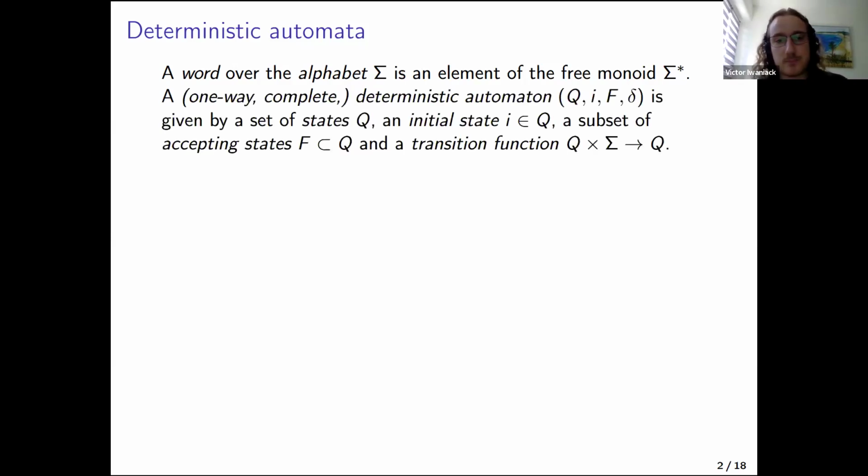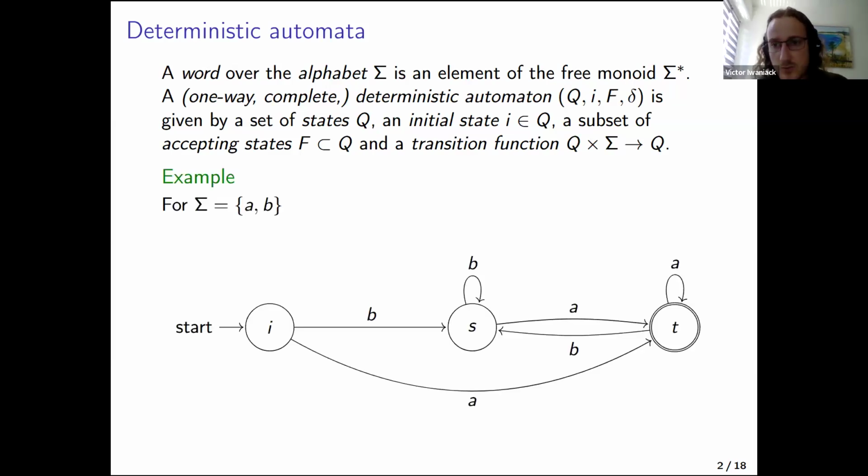And an automaton, a complete deterministic automaton, is a machine given by a set of states, an initial state, a subset of accepting states, so there can be several, and a way to go from a state to another according to a letter. So basically, if you take all the components, what you get is a labeled graph with some more information.